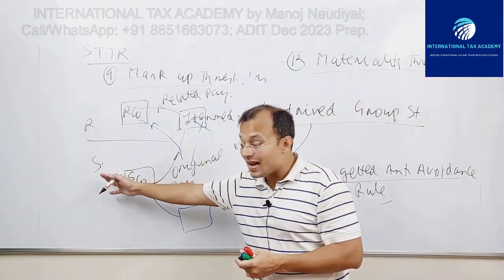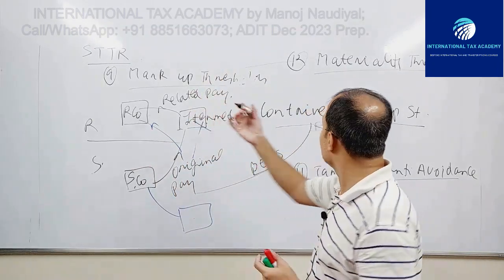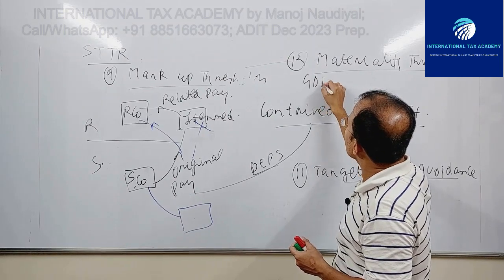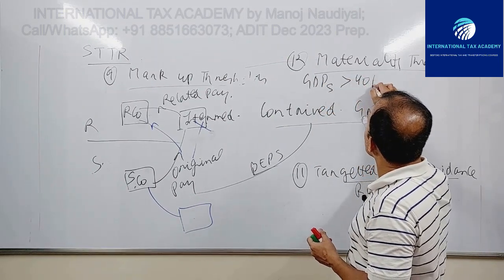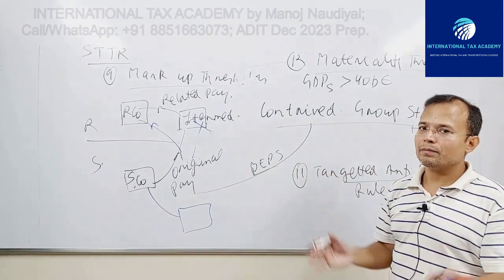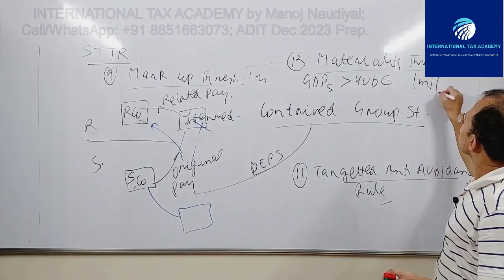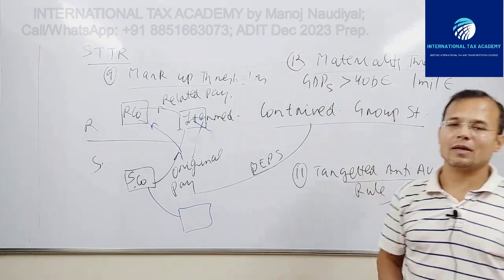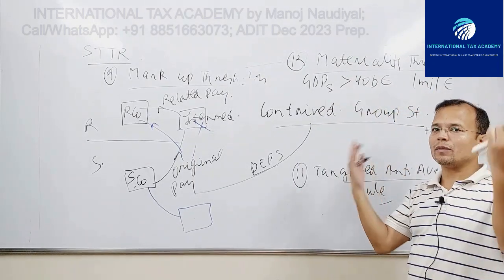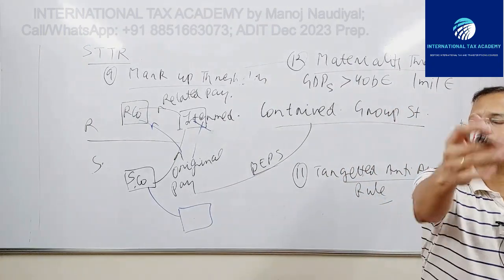If the GDP of S is more than 40 billion euros, then the total size of these covered payments has to be more than 1 million euros. Only then STTR will come into the picture. Below 1 million euros, if the GDP is more than 40 billion and the covered payments are less than 1 million, then STTR will not come into the picture.